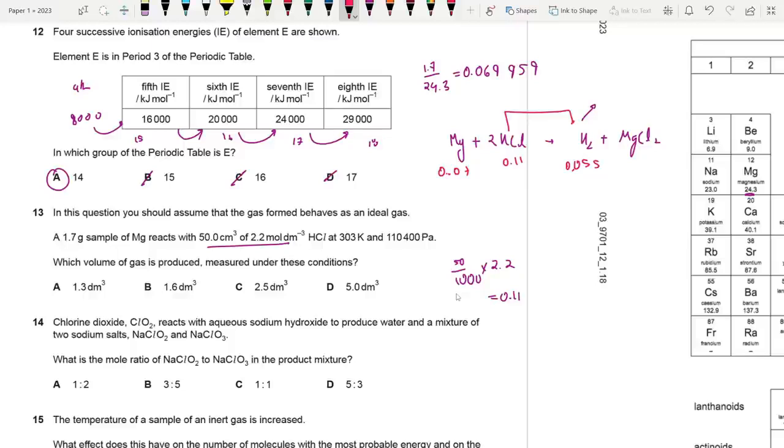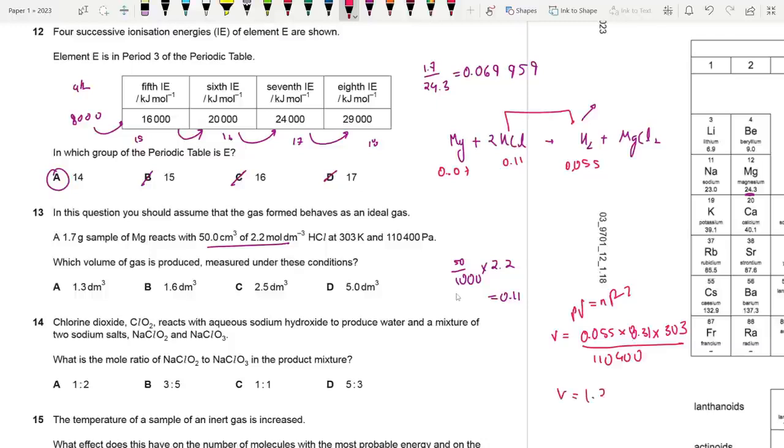Now what is the volume of gas produced under these conditions? We know that PV equals nRT, so we need the volume. So V is equal to nRT over P, which is 0.055 times R 8.31 times temperature 303 divided by the pressure, which is 110400.